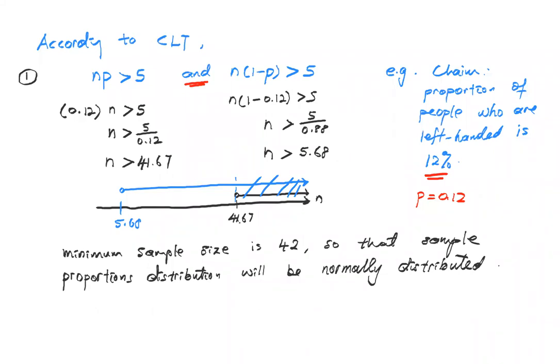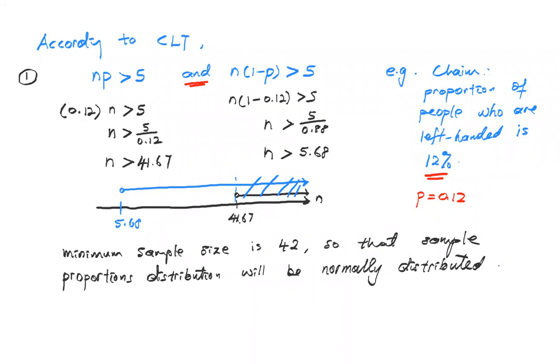That is the first judgment of suitable sample size. You give a claim, and based on the value of the claim, you choose a suitable sample size. That means your sample size minimum must be, in this case, 42. If the minimum sample size is 42, then the sample proportion distribution is normally distributed.